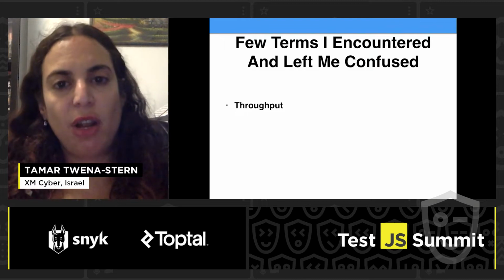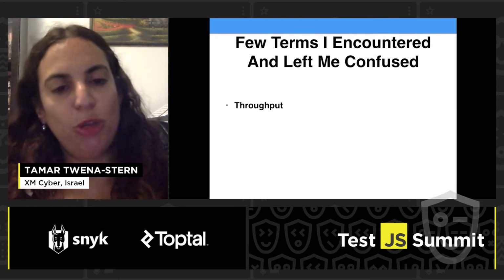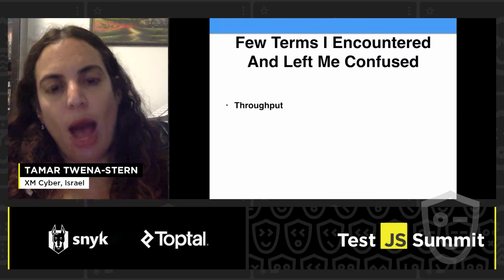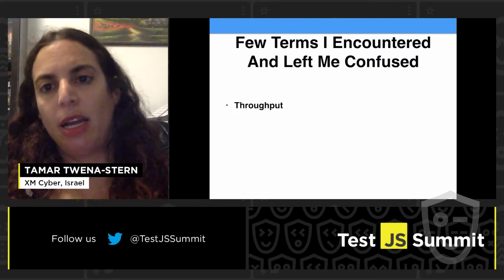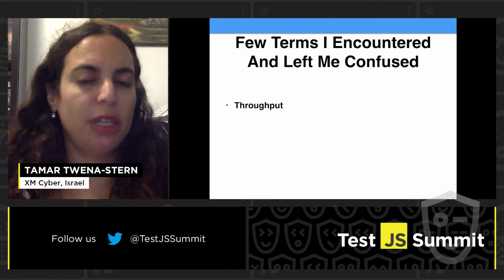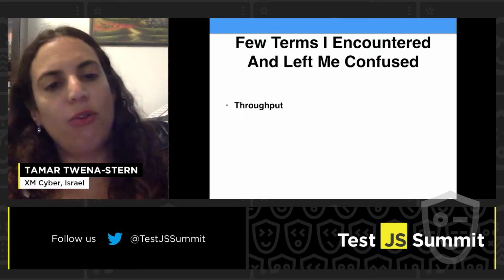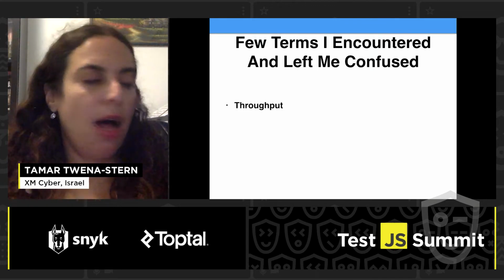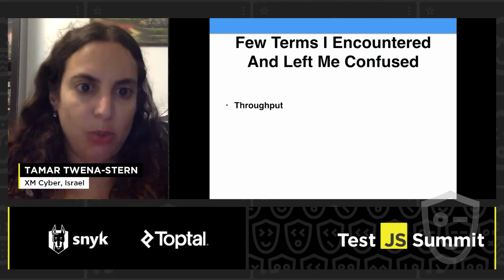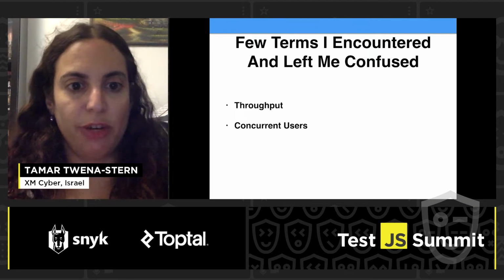So first of all, the throughput of the server. How do you measure the throughput of the server? What does that mean? I mean, I can simulate a lot of scenarios in a lot of ways. So what is the best way to measure the throughput of the server?